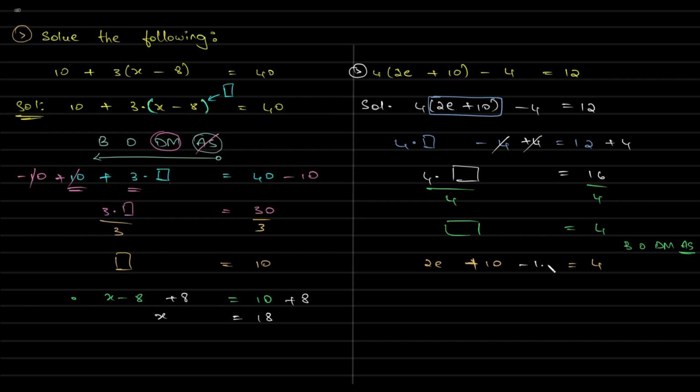So I'm going to subtract 10 on both sides. So 2e is equal to 4 minus 10, which is negative 6. So this I'll eliminate. We have division and multiplication, so we're going to divide by 2 and we have e is equal to negative 3.